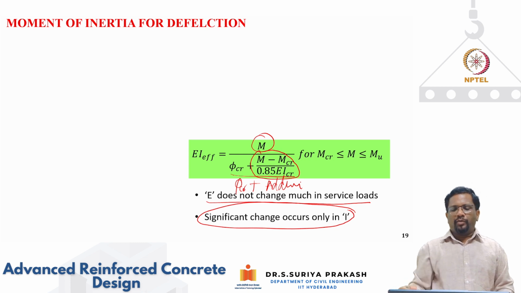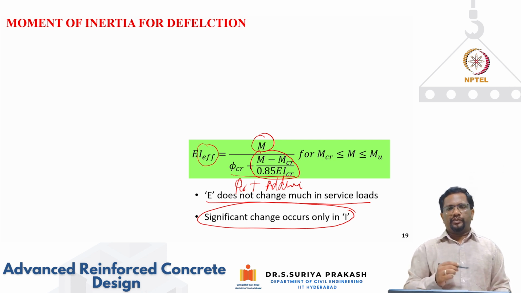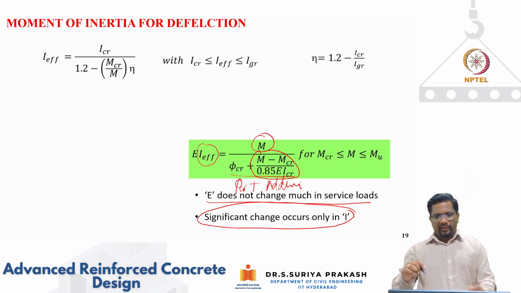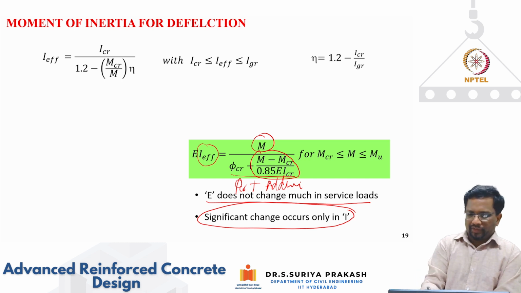So somehow can I find a simplified expression for your I effective is what we are looking at. Now let us see what is I effective. What the code is saying is we can simplify this equation. Because phi cracking again we can write as M cracking divided by E I gross.